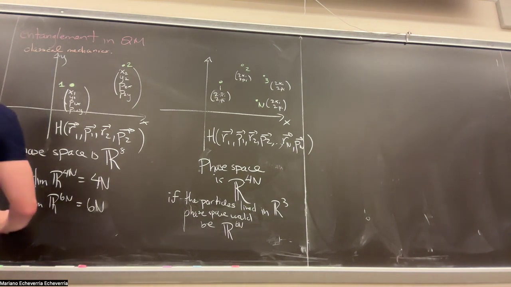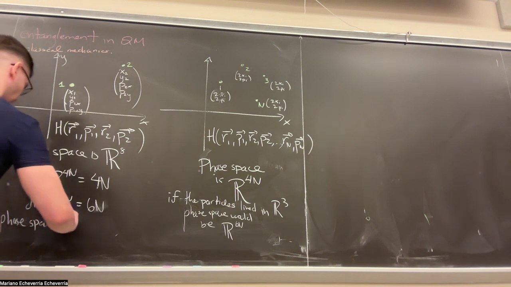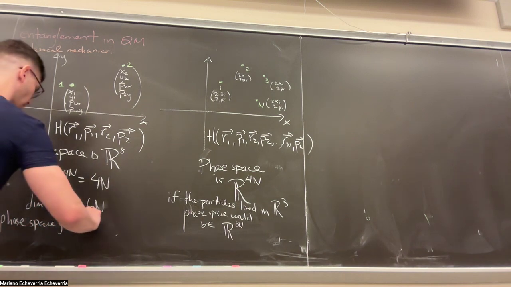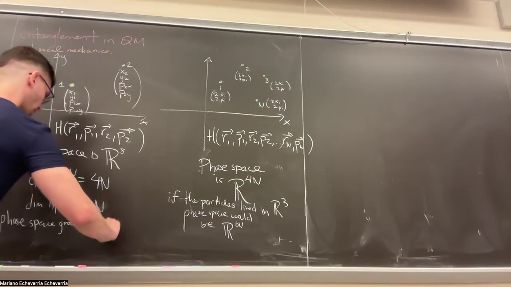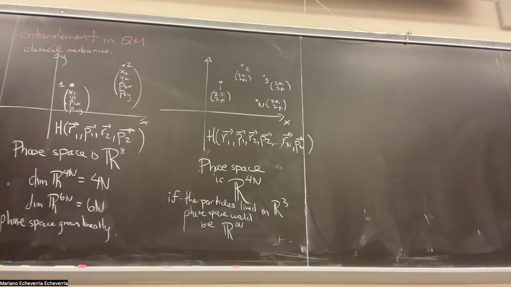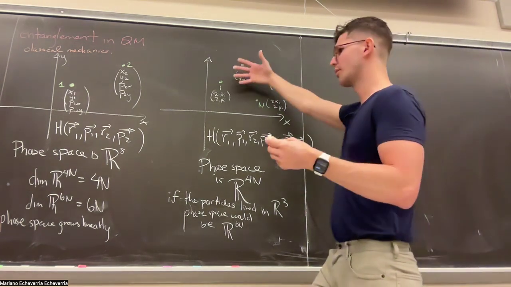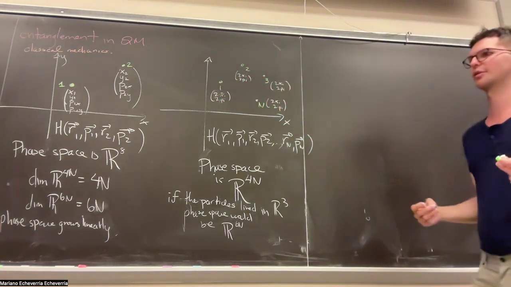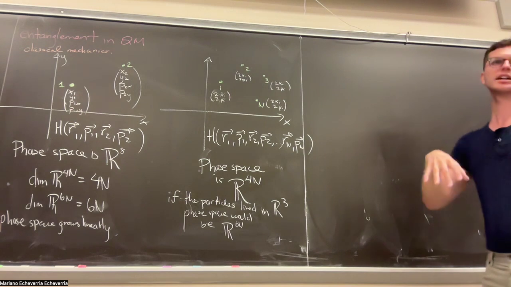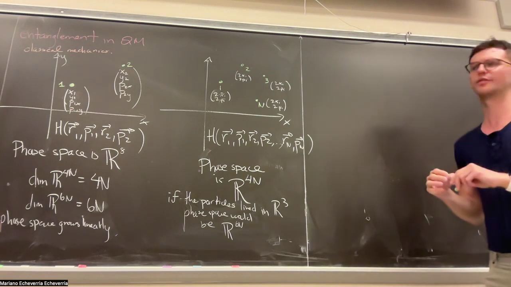In fact, more generally, the way to think about classical mechanics when you have a composite system, meaning multiple particles or components, is that the phase space is a Cartesian product of the individual phase spaces.